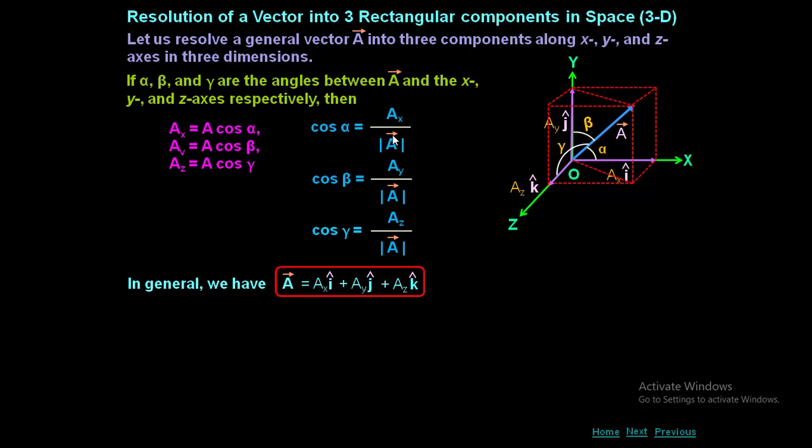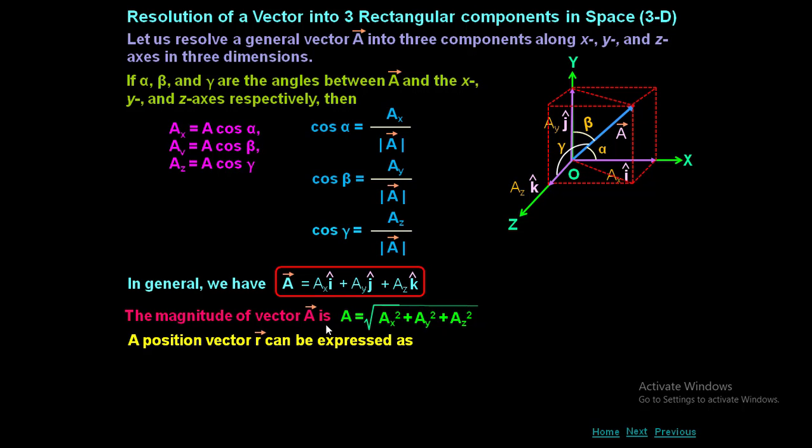In general, if you want to represent A bar as divided into 3 components, if you combine the vectors along these 3 axes, you will get the final vector, that is A bar. That is Ax i cap plus Ay j cap plus Az k cap is nothing but A bar. The magnitude of vector A bar is A equal to root over Ax square plus Ay square plus Az square, just like in 2 dimension.